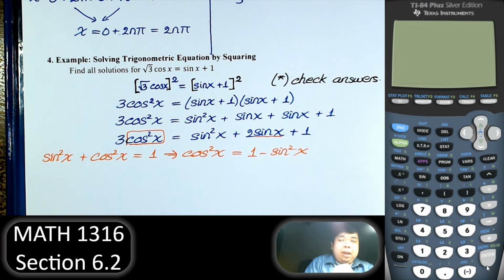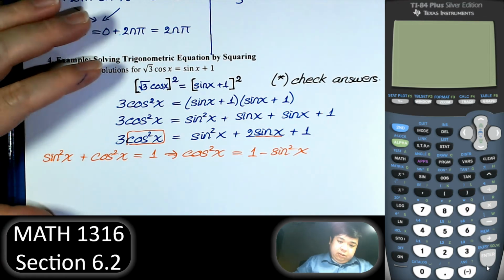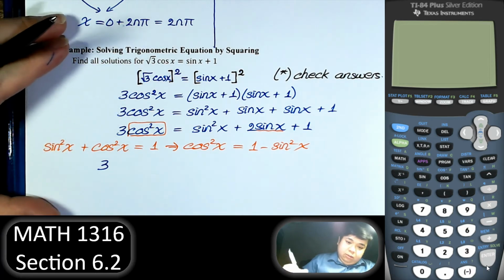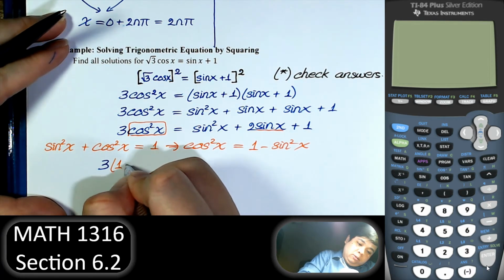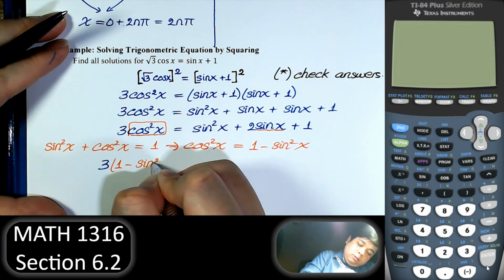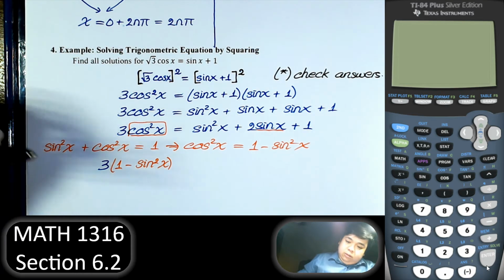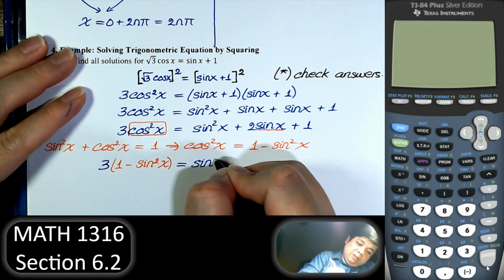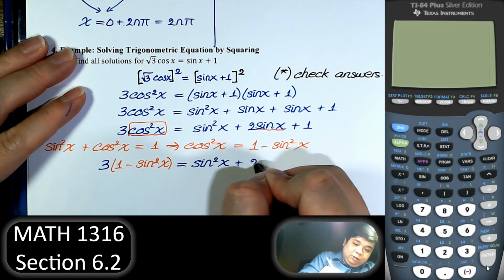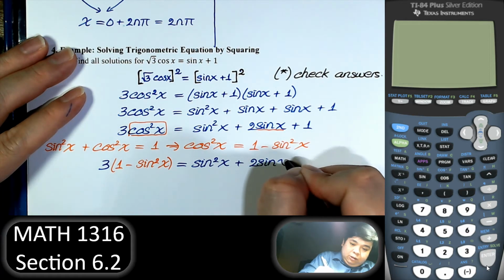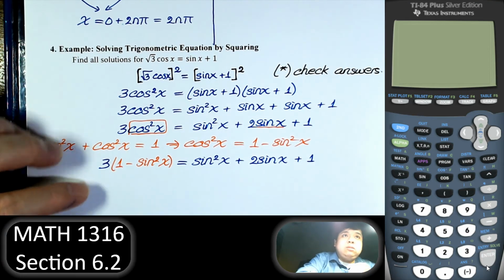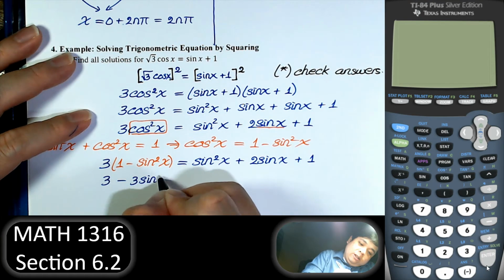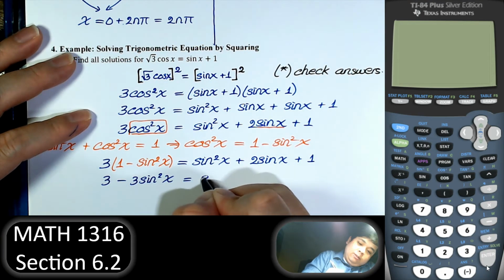I'll substitute that in here. 3 times 1 is 3 minus 3 sine squared.